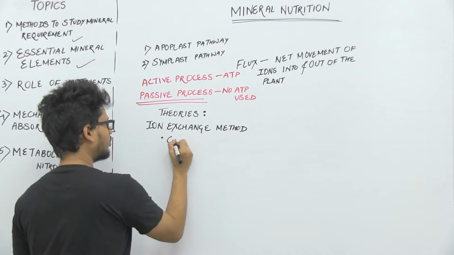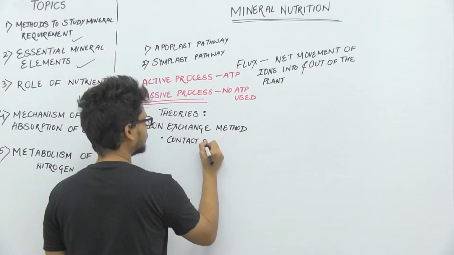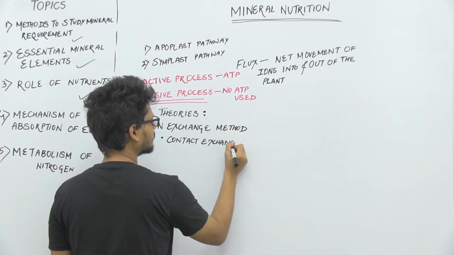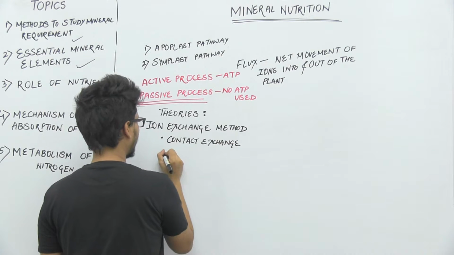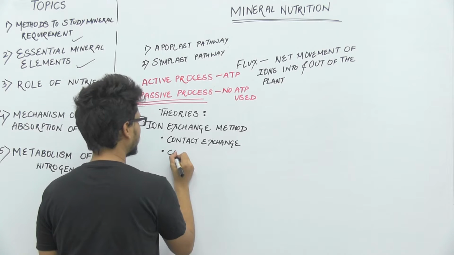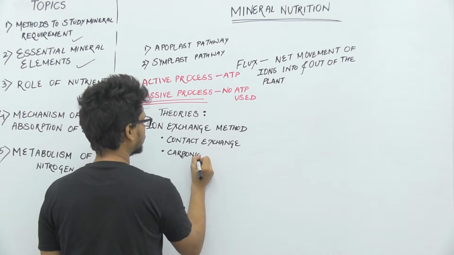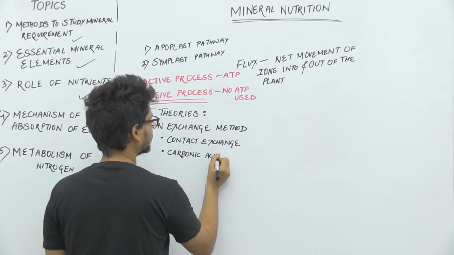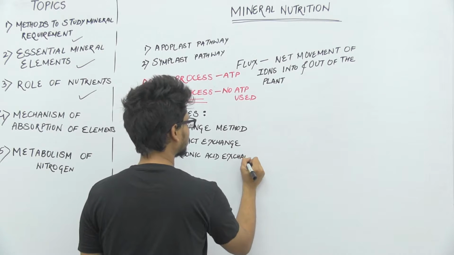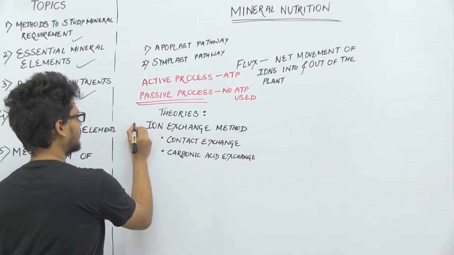It has two parts: contact exchange and second is carbonic acid exchange. This is the first one.